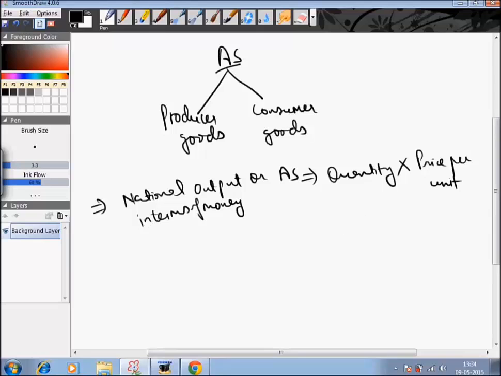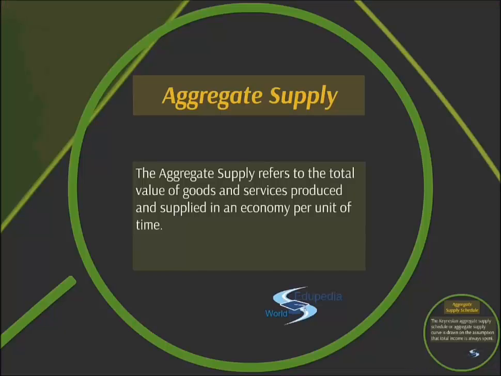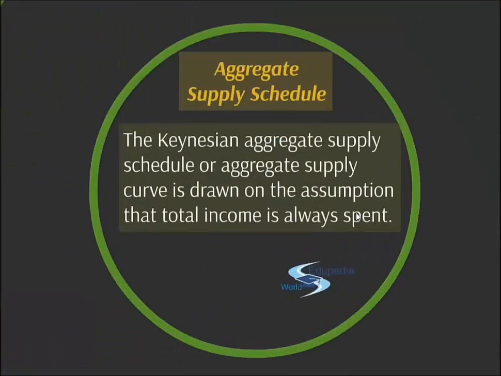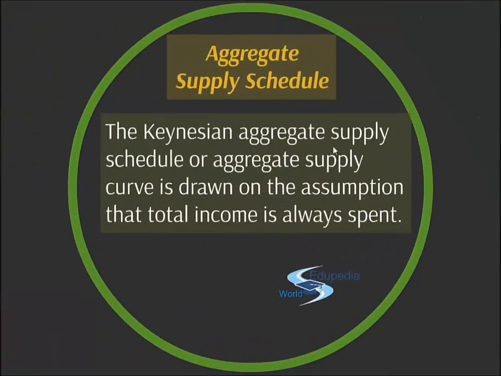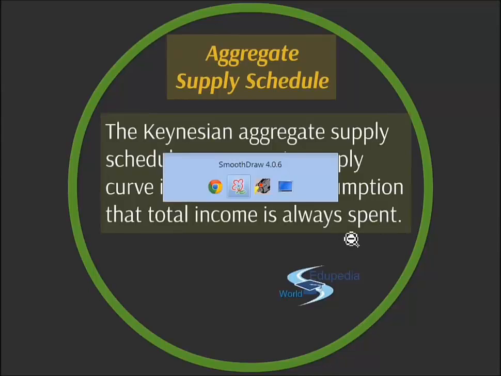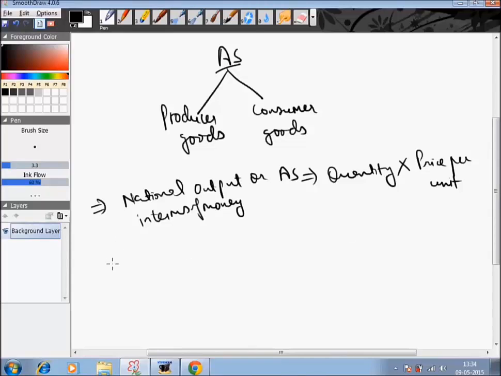Now let's see what the aggregate supply schedule is. The Keynesian aggregate supply schedule or aggregate supply curve is drawn on the assumption that total income is always spent. That is, there are no savings, and total income, or we can say aggregate income, is equal to the aggregate expenditure.